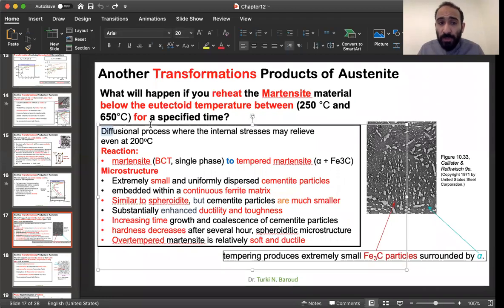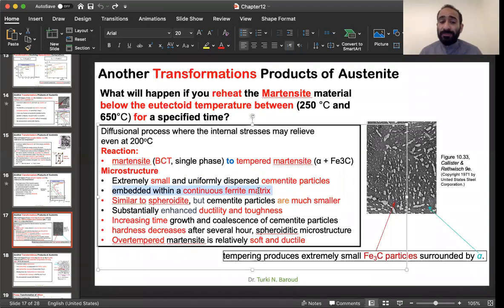In this diffusion process the internal stresses might relieve even at 200 Celsius. What's going to happen? Martensite will transform to tempered martensite, which is now composed of two phases, alpha plus iron carbide. The microstructure is going to look like small and uniformly dispersed cementite particles embedded within a continuous ferrite matrix.